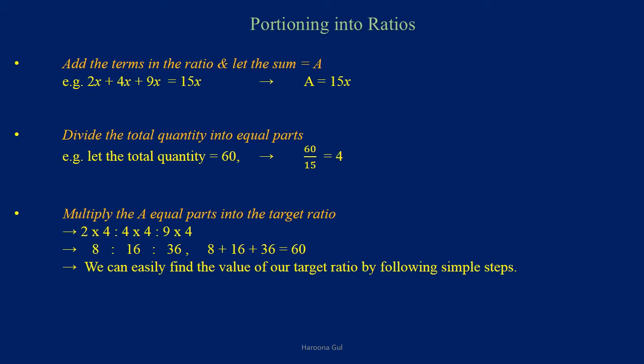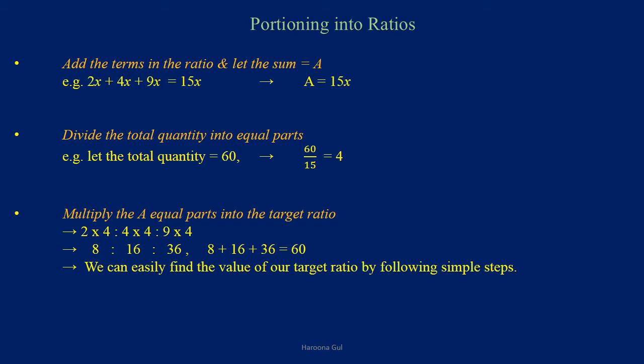We first add the terms in the ratio. Let's suppose we have three ratios, 2 to 4 to 9, and we multiply each one of the ratios with x. So we have 2x plus 4x plus 9x, which is equal to 15x.